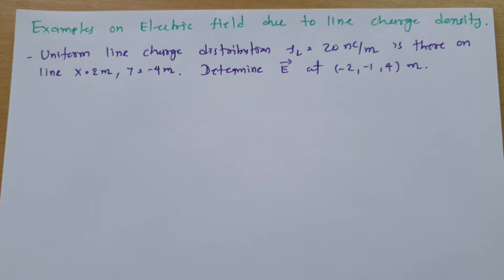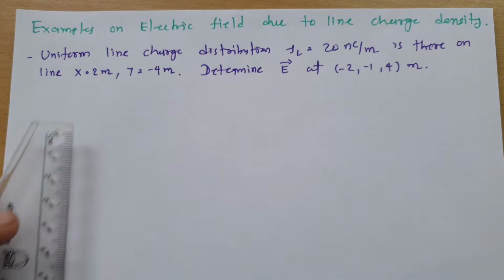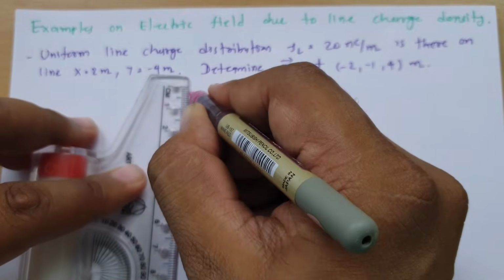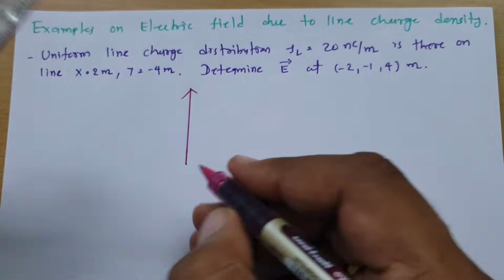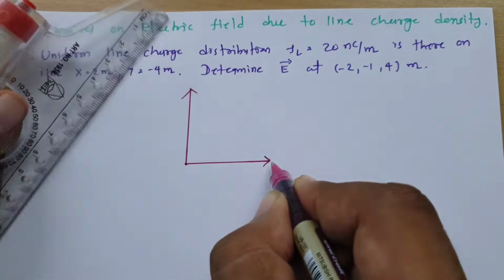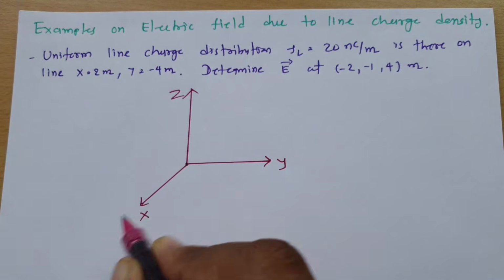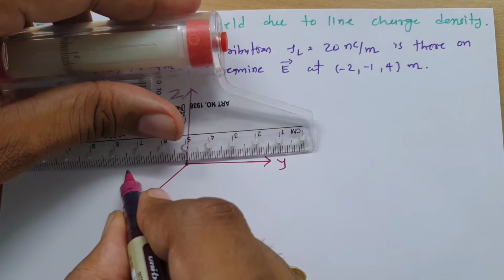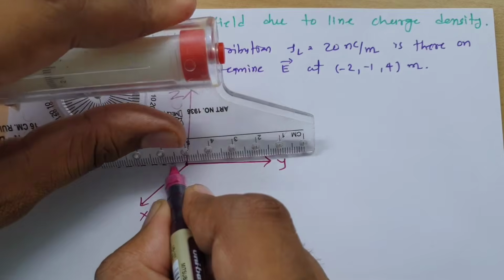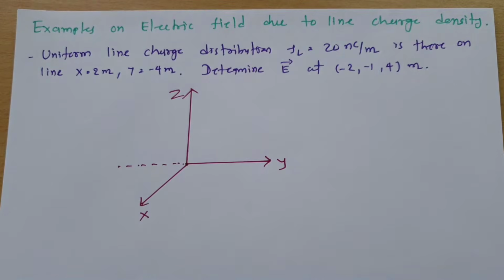So let me draw the coordinates first. This is the z coordinate, this is the y coordinate, and this is the x coordinate, right? Now see, what is the line x is equal to 2?